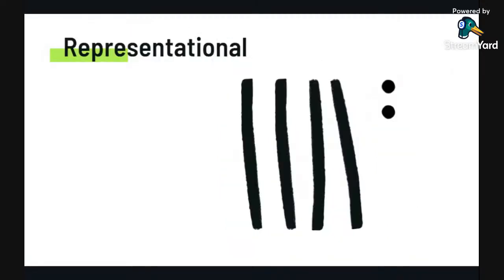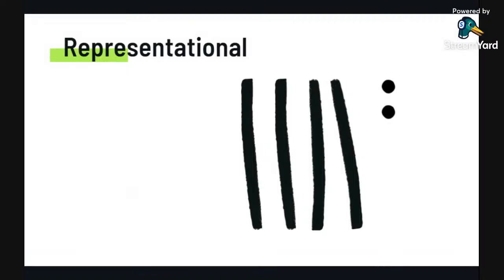So moving on to representational models, a place value drawing would be an example of a representational model. Now, your students aren't able to pick up the blocks. They're not able to move them and manipulate them, but looking at a picture is a supportive way of helping your students to understand a two-digit number.